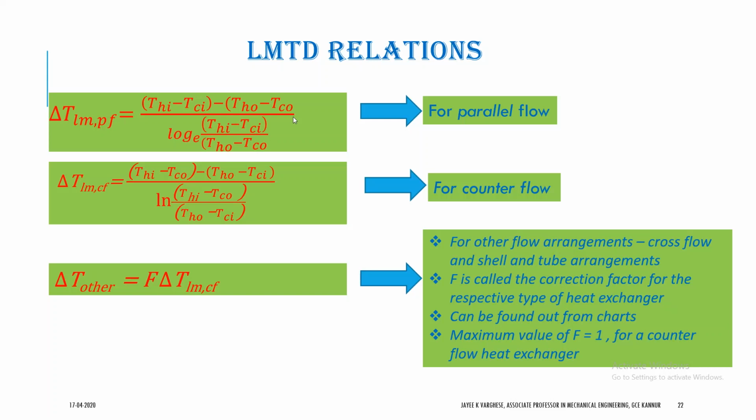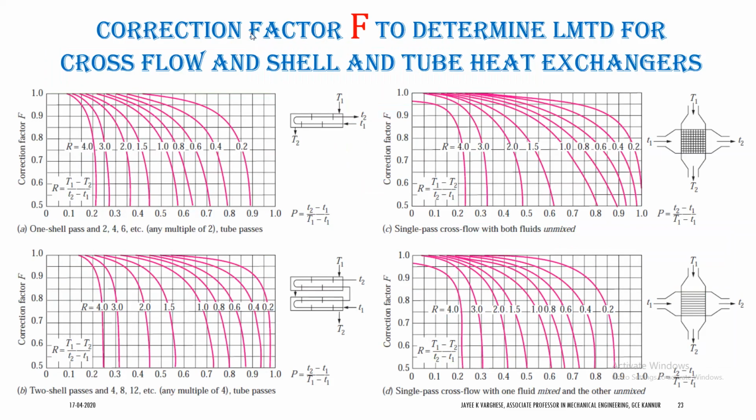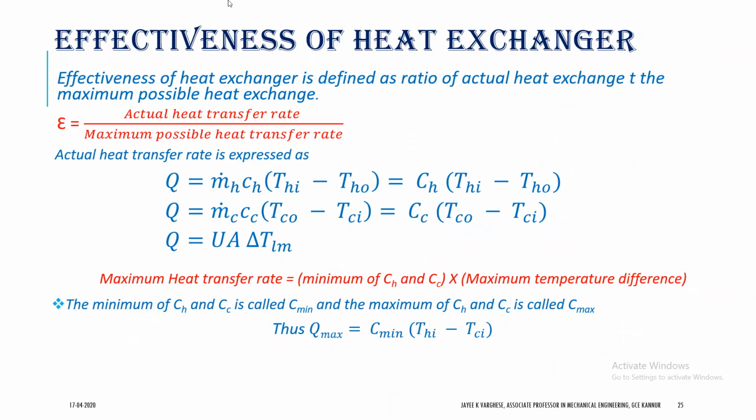The inlet temperatures of hot and cold fluids will be known, and if the mass flow rates and specific heats are known, we can calculate the outlet temperatures from the corresponding relations, like Q is equal to mH CH times Thi minus Tho.